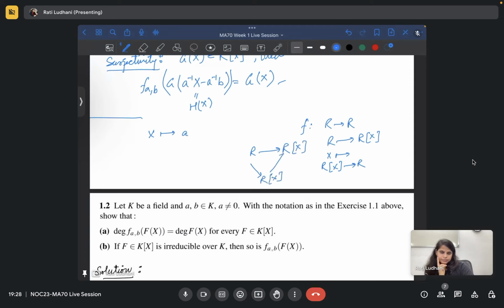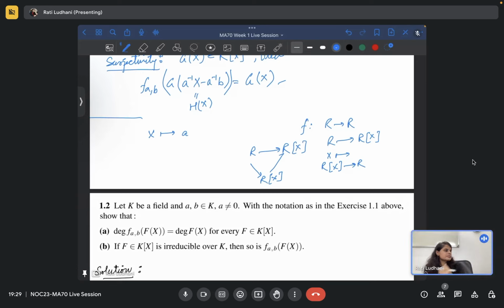Now, the question says, is this map an isomorphism or not? So the surjectivity part, when we define it, it's not surjective, right? Does this imply that the set of all isomorphisms from R[x] to R[x] has to be of this form, a x plus b?